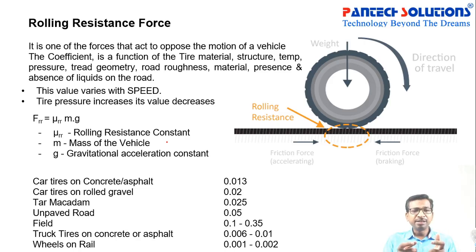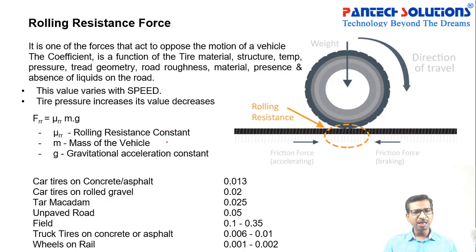Similarly, the tread geometry, that is the tire design, road roughness, the material of the road, and the presence or absence of liquid on the road. A combination of these factors decides the coefficient's value.